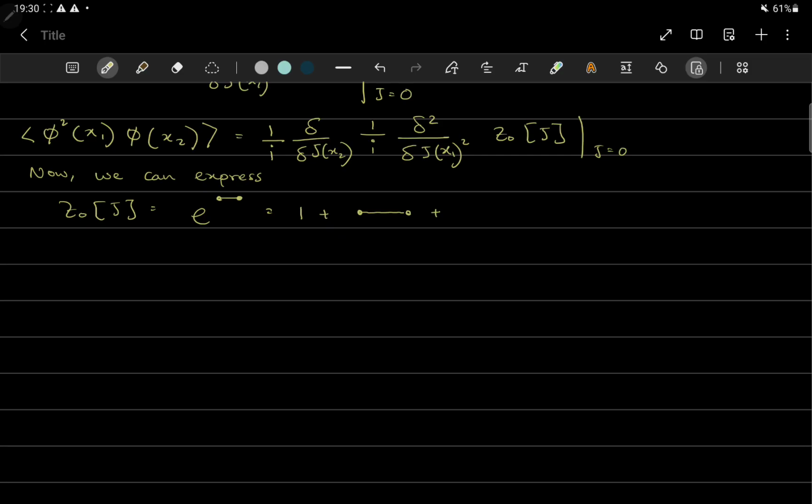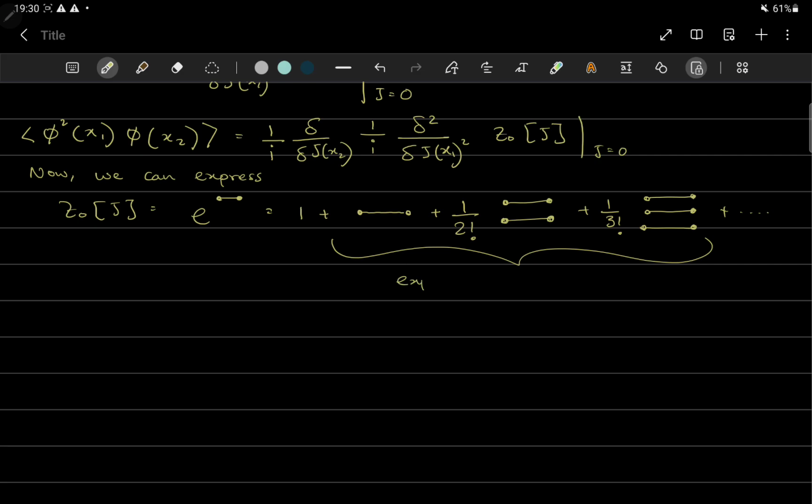And then the third term is basically 1 by 2 factorial times the square of the power. Eventually you will have the third power and so on. So this is essentially the expansion of the exponential.